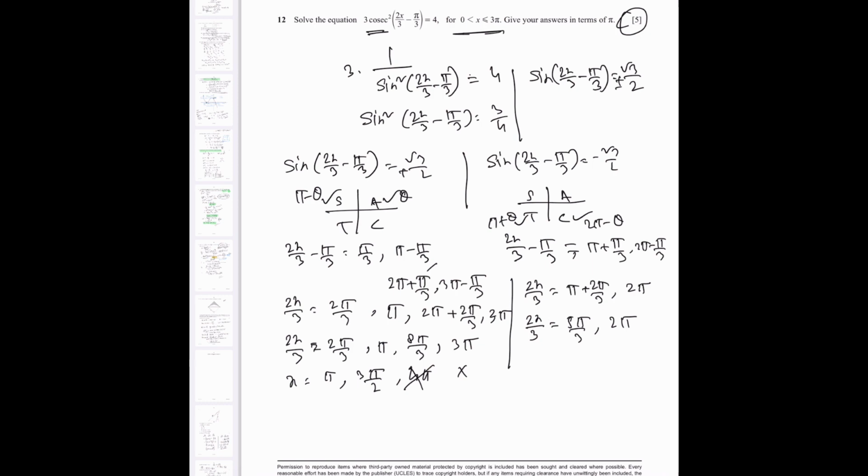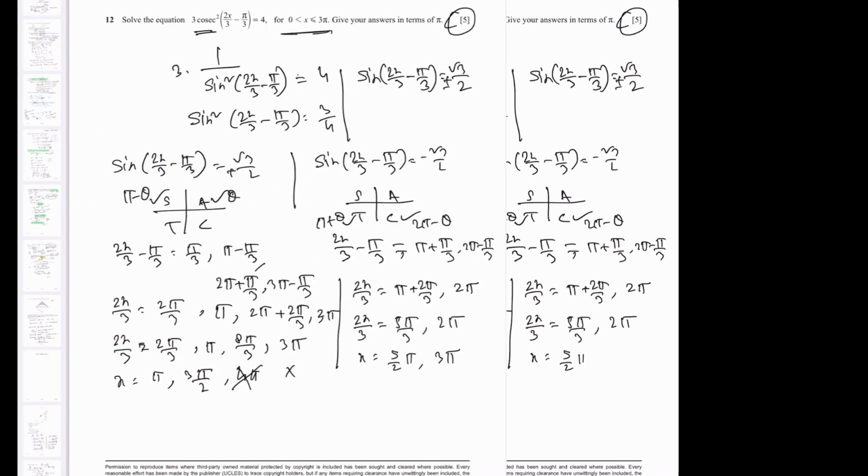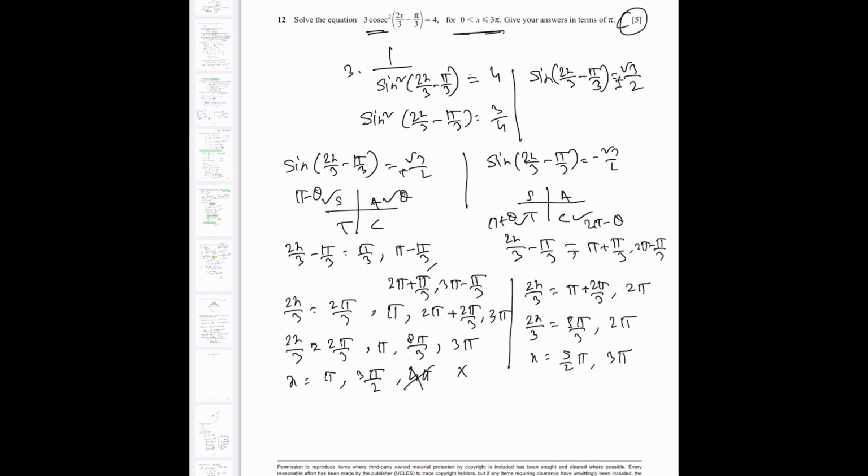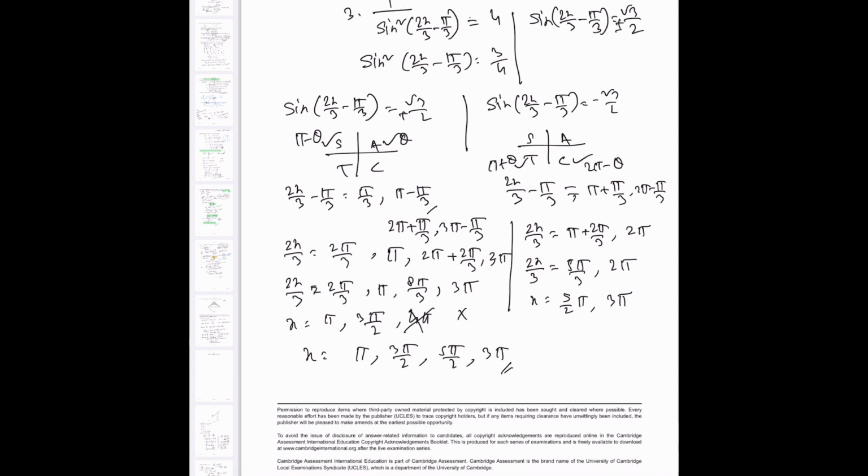So 3 3 cancel, 5 by 2. Finally, x is becoming pi, 3 pi by 2, 5 pi by 2, and then 3 pi is the final answer.